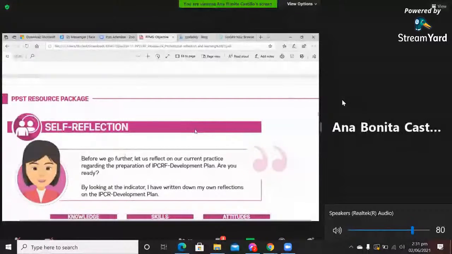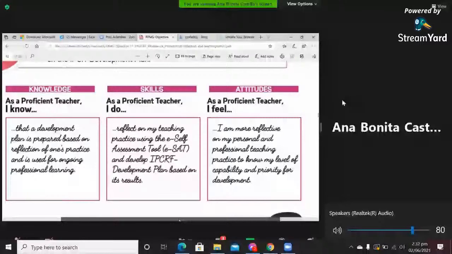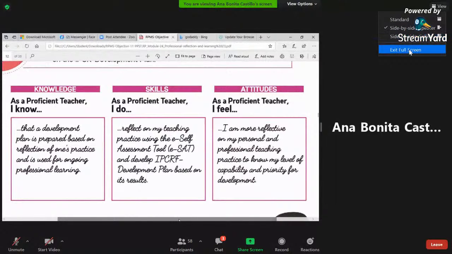Okay, this is the example of Teacher Dulce: knowledge, skills, and attitudes. Knowledge: as a proficient teacher, I know that a development plan is prepared based on reflection of one's practice and is used for ongoing professional learning. Skills: as a proficient teacher, I reflect on my teaching practice using the self-assessment tool and develop an IPCRF development plan based on its result.